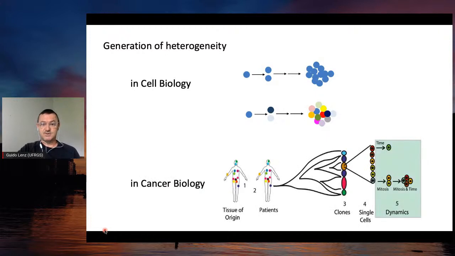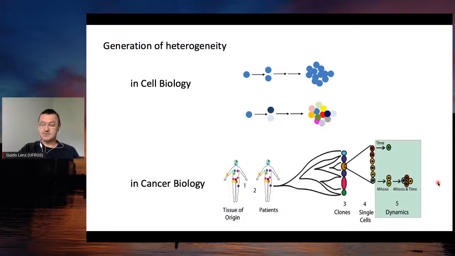Just to put this in perspective, since we are talking about cancer biology, this is at the end of all the rest of the heterogeneity that happens in cancer. As you probably know, cancers come from different tissues. Each patient has a different cancer, and different clones or even single cells have different genetic heterogeneity and therefore also phenotypic heterogeneity.